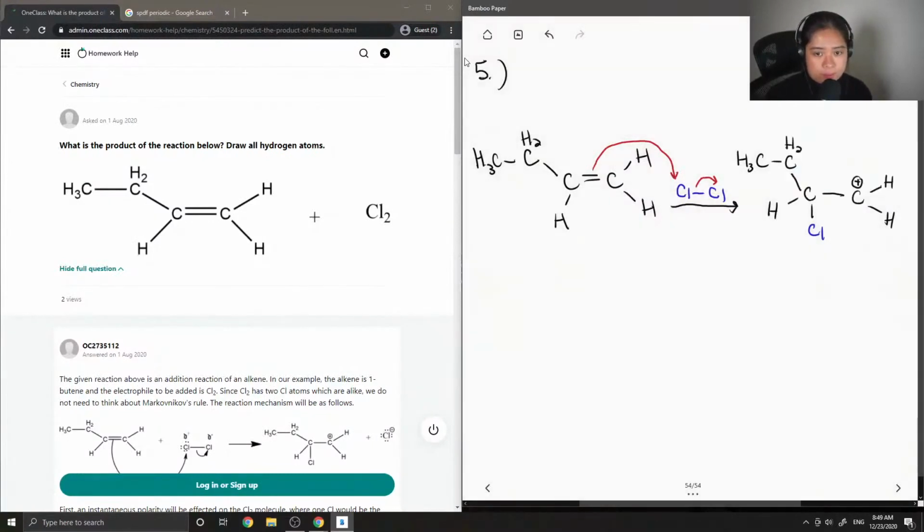But then one of the chlorines that was formed in the previous step that now has a negative charge will come and neutralize that positively charged carbon, which gives us our final product.